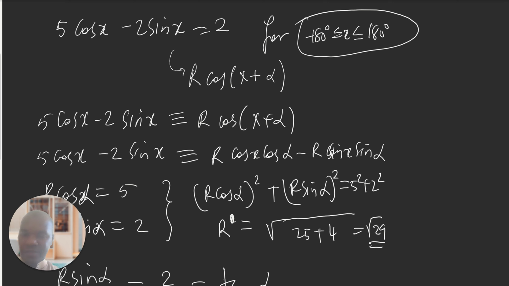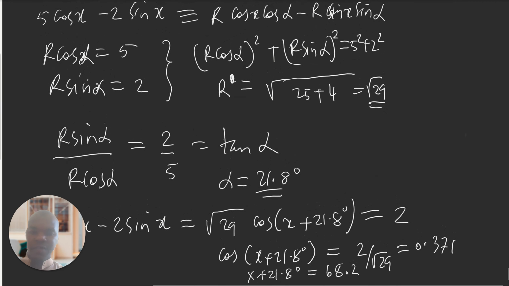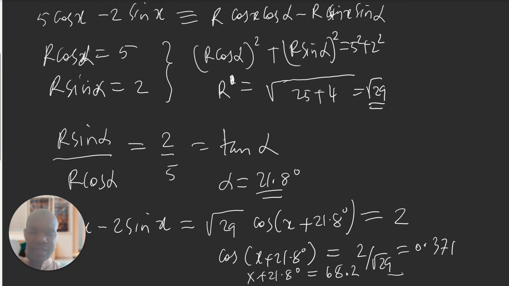Cosine is positive in the first quadrant, and it is negative in the second quadrant. So the only angle we get here is 68.2 minus 21.8. We get x equals 46.4 degrees.